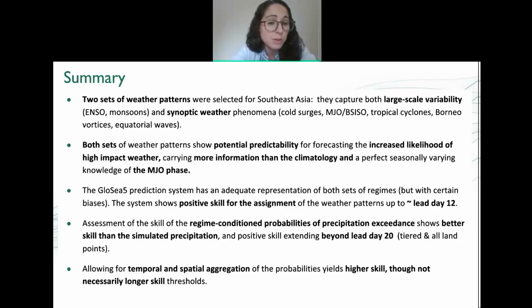And our assessment of the skill is showing us that these regimes, and in particular the tier set, are able to provide skillful simulations beyond lead day 20. And these initial results from the temporal and spatial aggregations show that they can yield higher skill, but not really an extension of the useful horizon of these predictions.